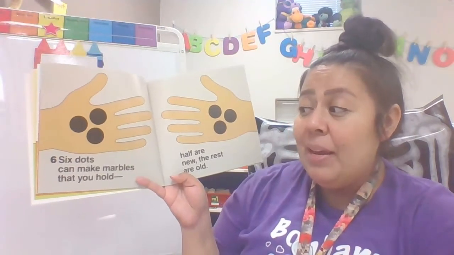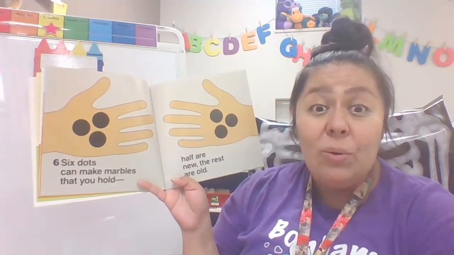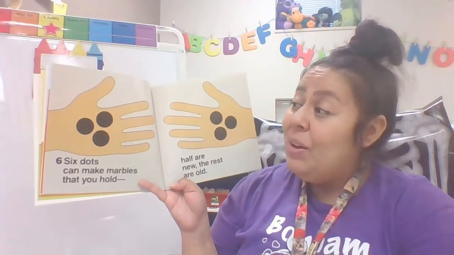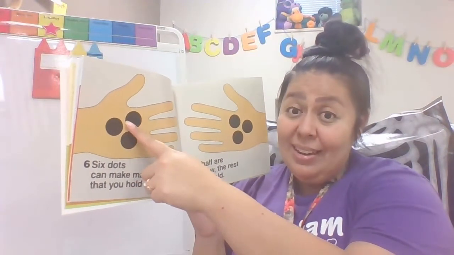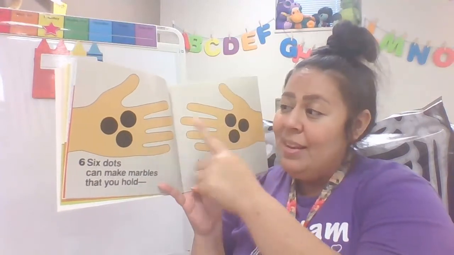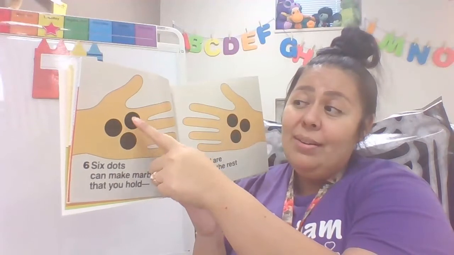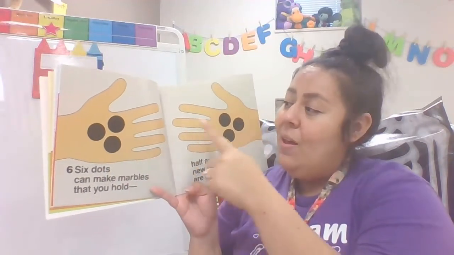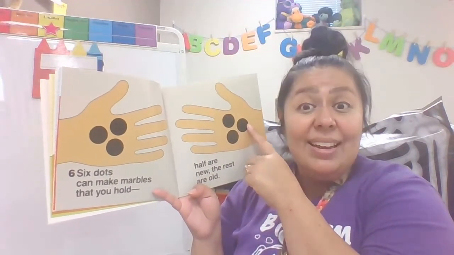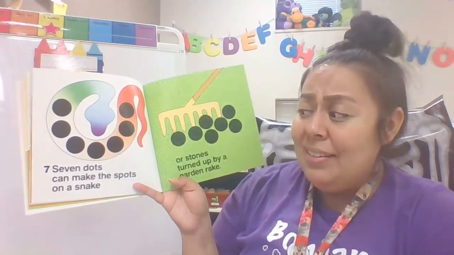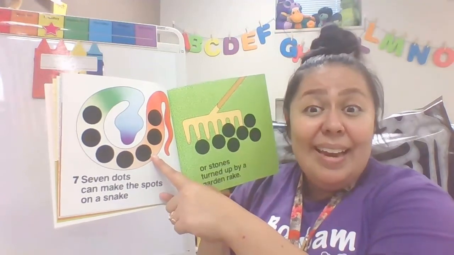6 dots can make marbles that you hold. Half are new, the rest are old. So this isn't 6. When you put these together, it makes 6. Let's count them. 1, 2, 3, 4, 5, 6. 7 dots can make the spots on a snake.